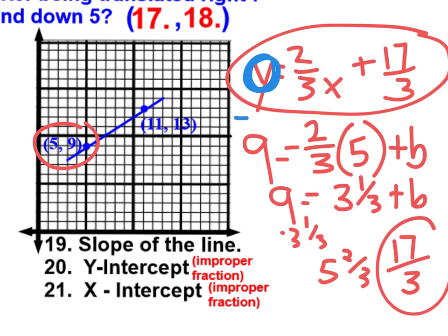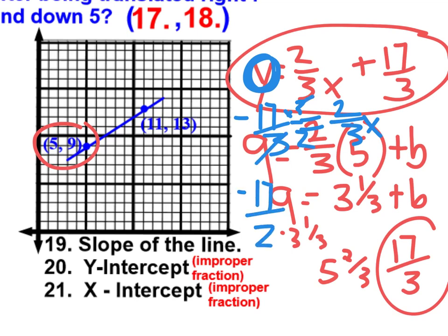Subtracting 17/3 gives me negative 17/3 equals 2/3 x. I can divide by 2/3, or multiply by 3/2. Those cancel out, and you end up with negative 17/2, and it wanted an improper fraction, so negative 17/2 is your last answer.